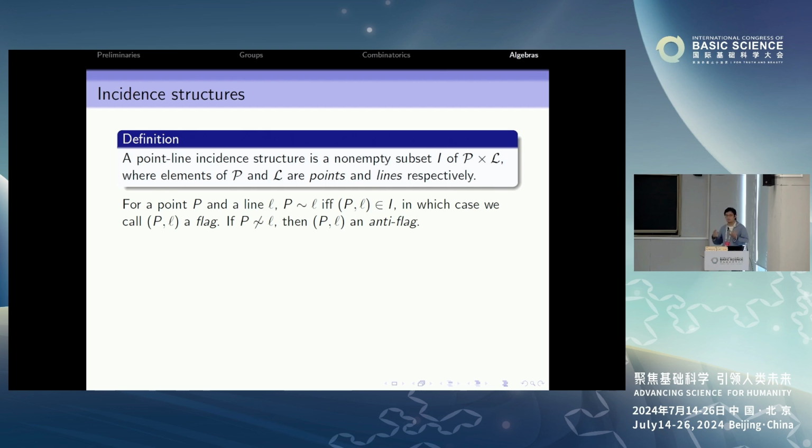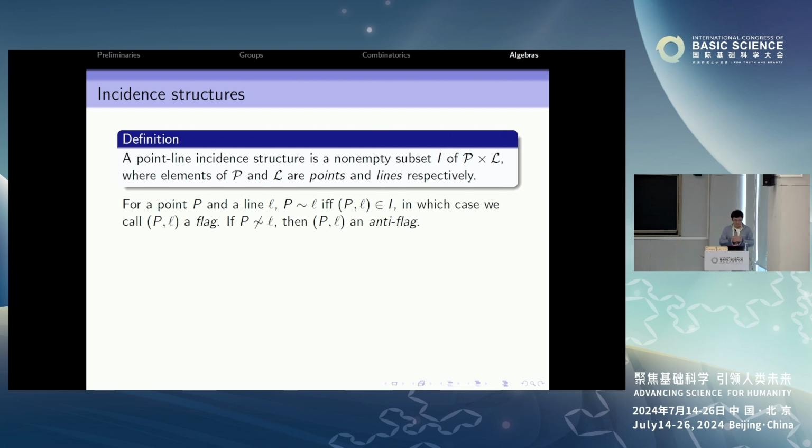Geometry is a certain kind of incidence structure. It's a fairly simple definition. You have two different types of objects, which are the points and the lines. An incidence structure is simply a non-empty subset of their Cartesian product. So it's fairly simple. Of course, not all incidence structures are interesting, so we need to make assumptions on the regularity.